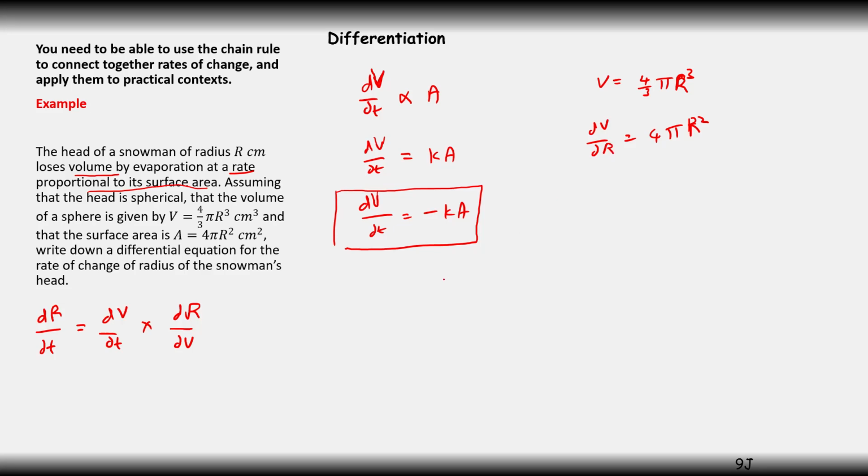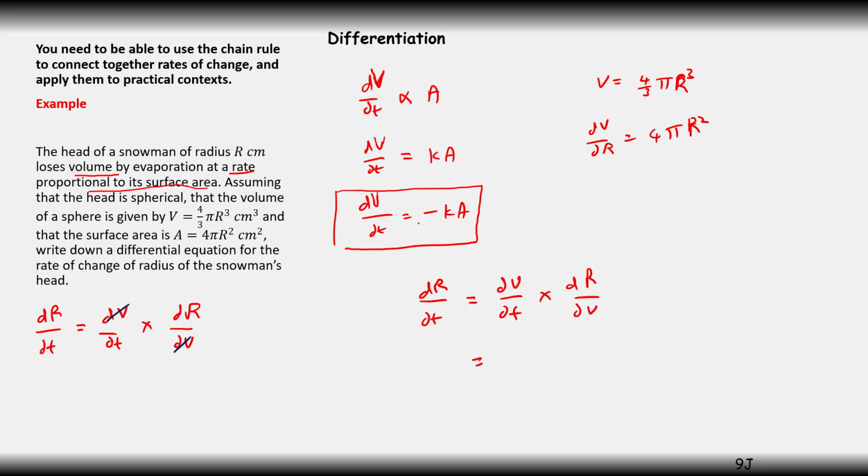I've got to invert it, because then these will cancel, leaving me with dr over dt. So I can say that dr by dt is equal to dV by dt times dr by dV.